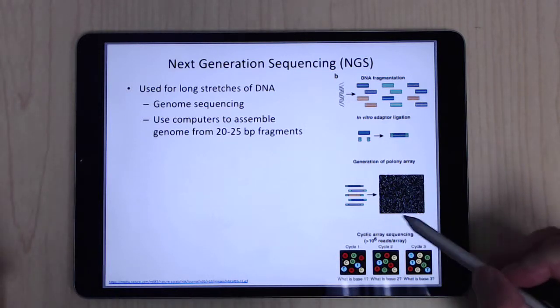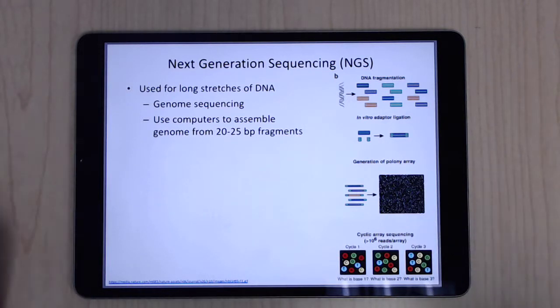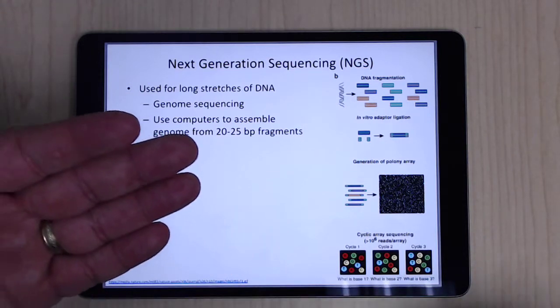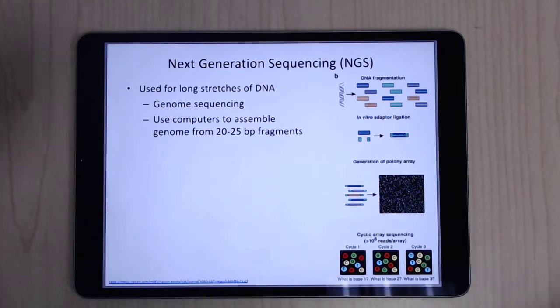You do a whole bunch at the same time, and you can figure out what these sequences are. You can get a million reads at one time, and then you use computers to assemble it all. All of the different fragments should come together. There should only be one way to put all these DNA fragments together to get your gene.